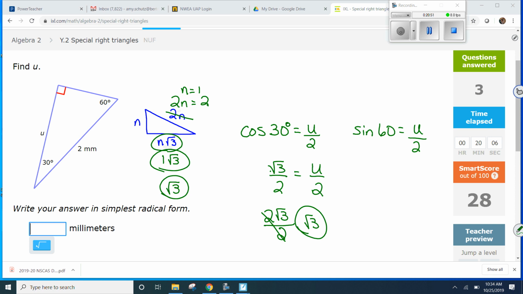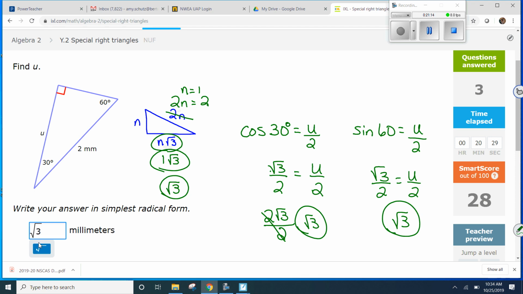Sine is the bottom values or your y values, so you get radical 3 over 2 is equal to u over 2, and if you cross multiply and divide again, you get the square root of 3. I just wanted to point out, if you use that special triangle, what you have to do in order to find that n value. So your answer is just radical 3.